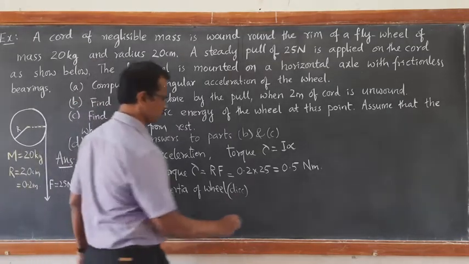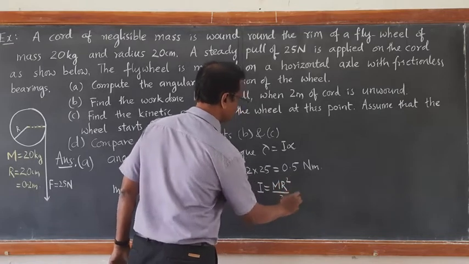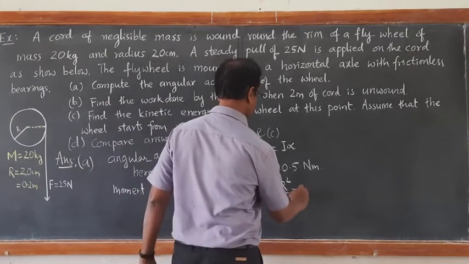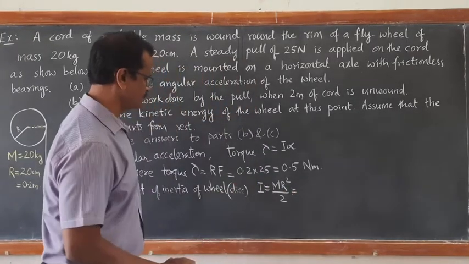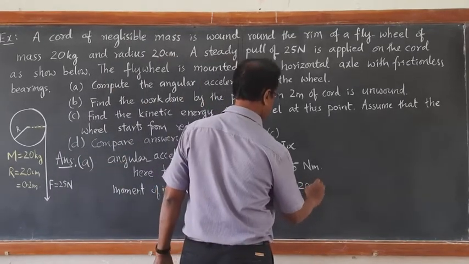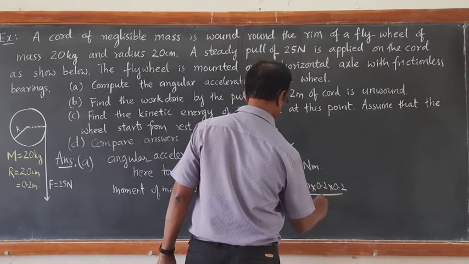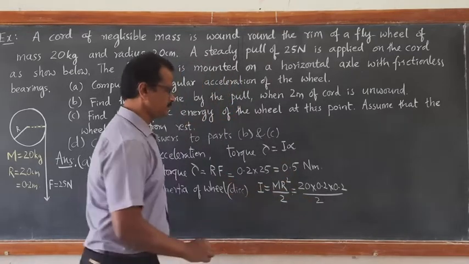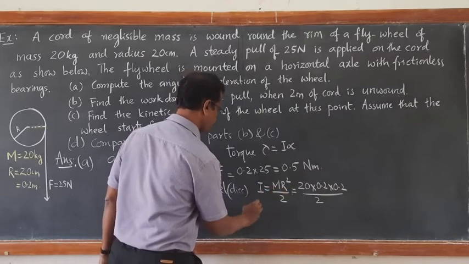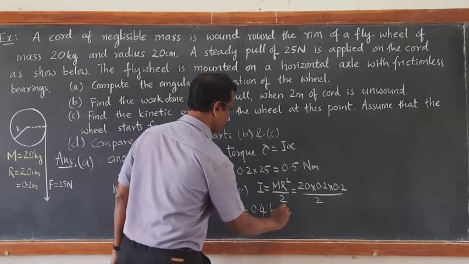We know from the standard equation, I is equal to mr square by 2. Mass is 20 kg, radius is 0.2, so 20 into 0.2 into 0.2 divided by 2. So it becomes 10 into 0.2 into 0.2, which is 0.4. So I becomes equal to 0.4 kg meter square.